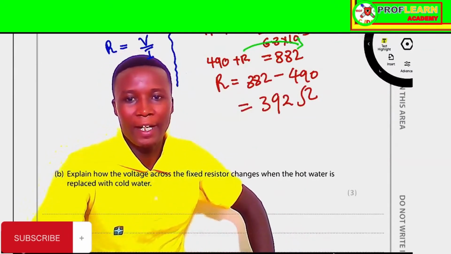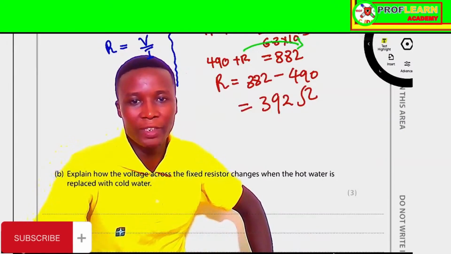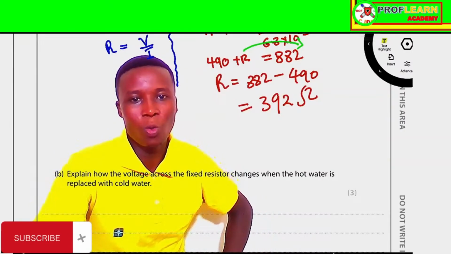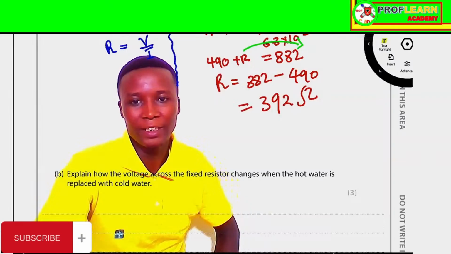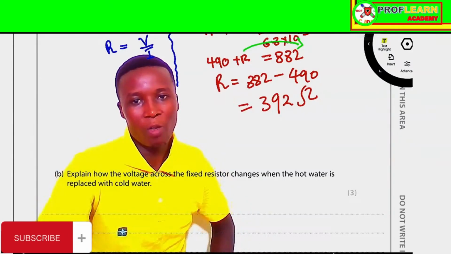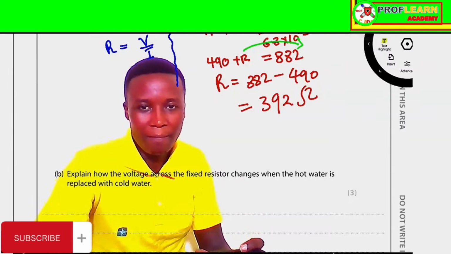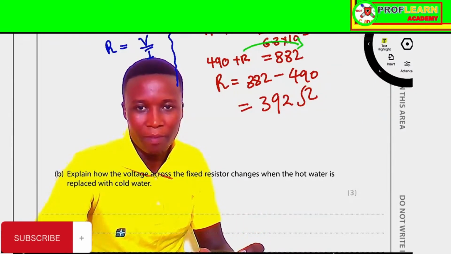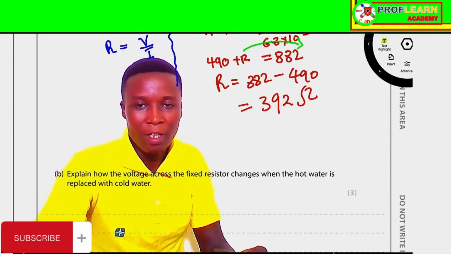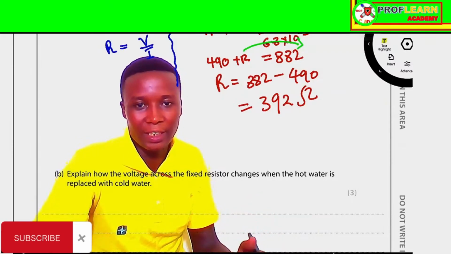Part B: explain how the voltage across the fixed resistor changes when hot water is replaced with cold water. Now we know that the resistance of a thermistor varies with temperature. If you increase temperature, you reduce the resistance.